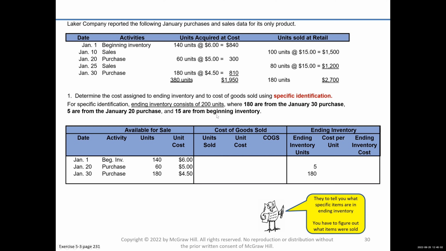And 15 were from beginning inventory, so we'll put that there. So they told us we had 15 left from the beginning inventory, 5 from the January 20th purchase, and 180 from the January 30 purchase.